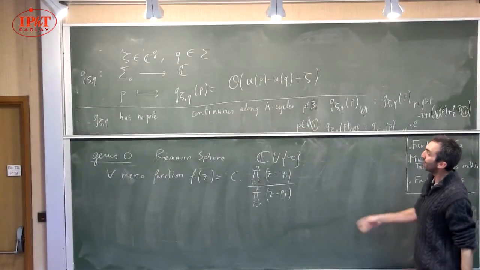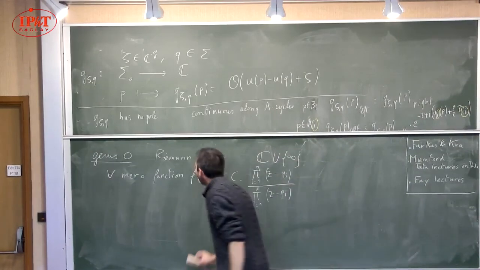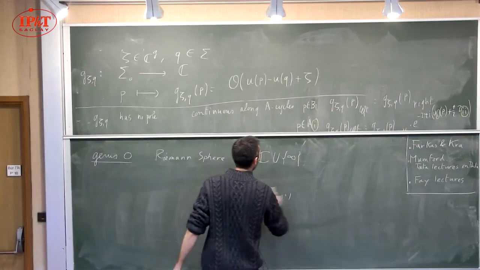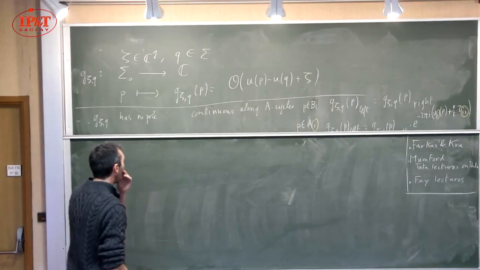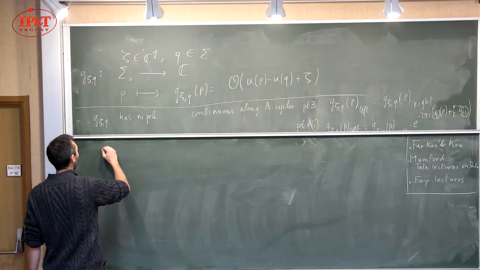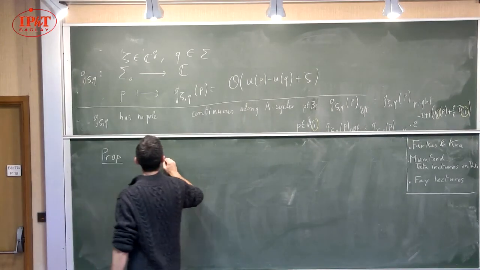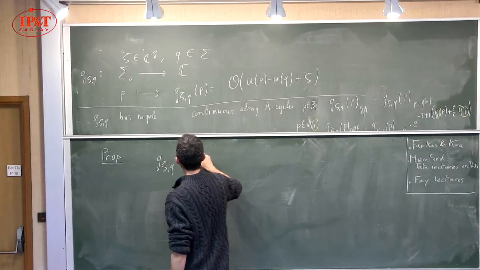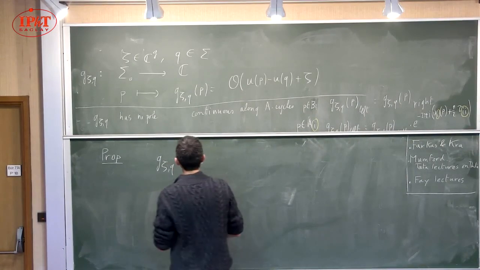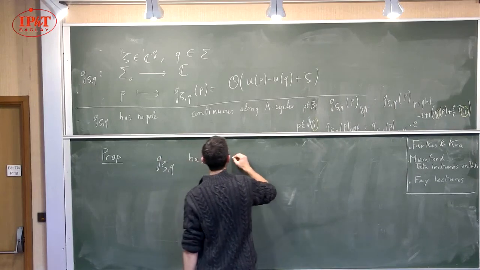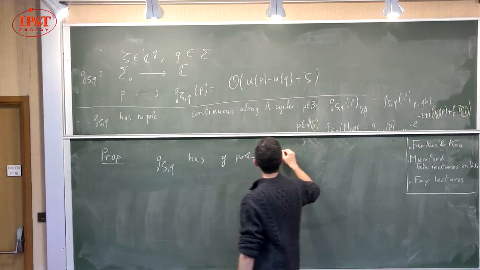So these g are going to be the monomials in some way. So first of all, the proposition is that g zeta Q has, so the number of poles, has g poles in sigma 0.